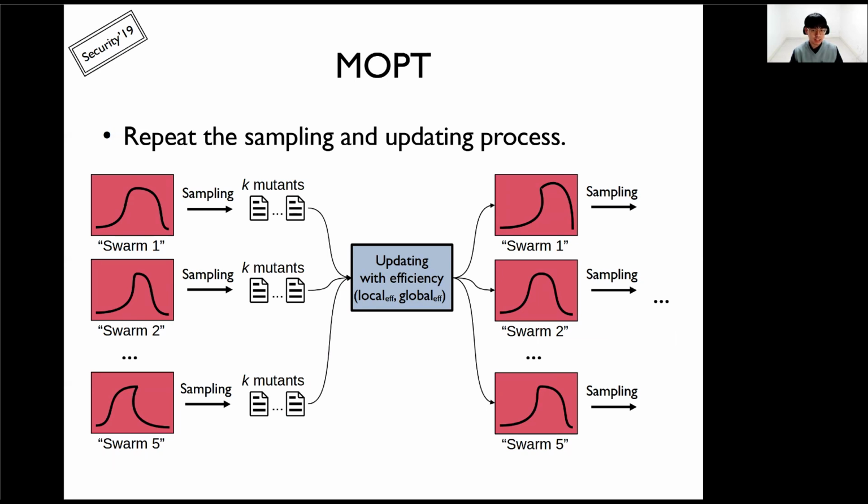And so as you can see in these pictures, this customized learning algorithm continuously repeats the process of generating mutants from the multiple swarms sequentially and updating swarms based on the accumulated data, such as interesting mutants, until the testing budget is over.